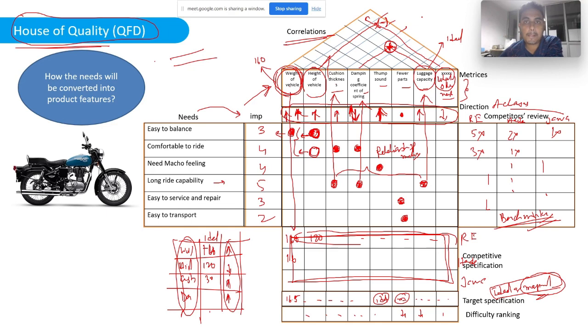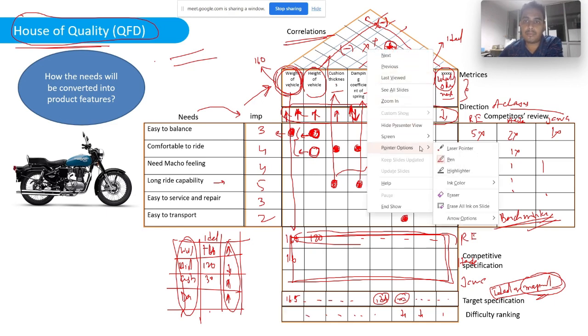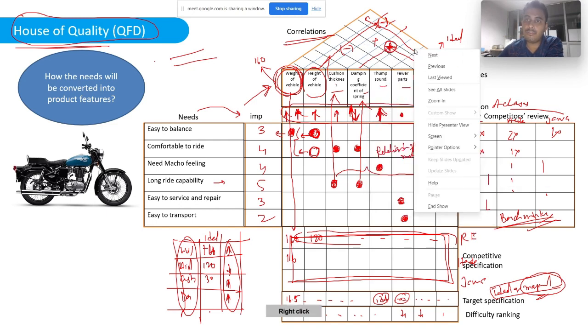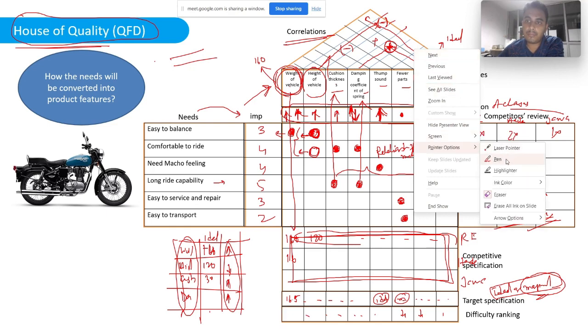We can get all the information from this house of quality. So sometimes there can be negative, there can be positive correlation, there can be no correlations. When there is no correlation, you do not write anything. You do not even put a cross mark. So this is how you analyze your design specifications, and then you move further to your concept design phase.